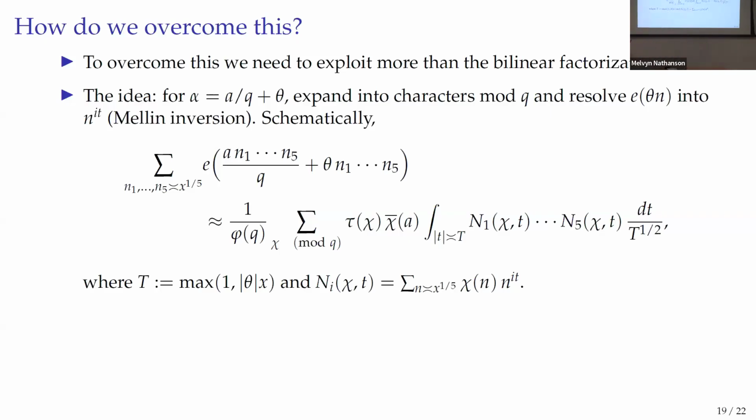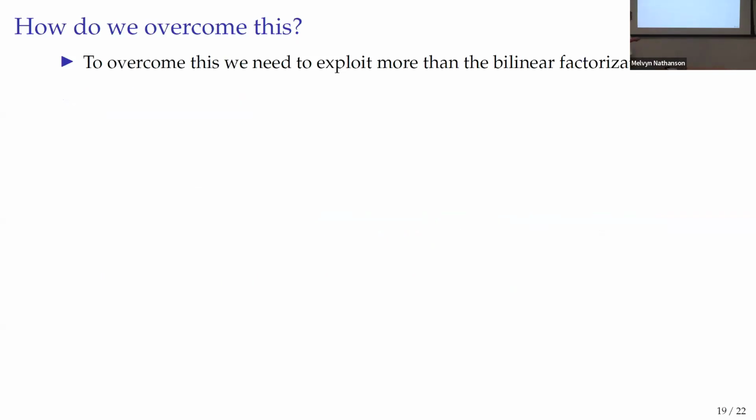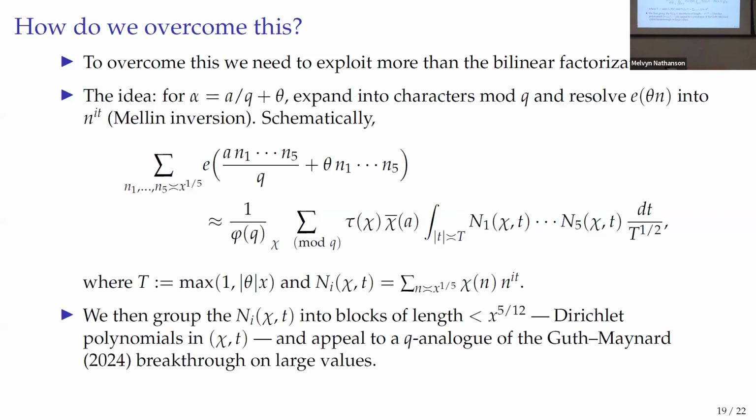Okay, and so now the question is bounding this type of expression. And so what is the idea here? Well, the idea is to appeal to the recent breakthrough of Guth-Maynard. But there's one catch. This result of Guth-Maynard only works in the T aspect, not in the Q aspect. So what we need is a generalization of this result to Q and T aspect. And so what happened is that I had an undergraduate student and I told him, do it.